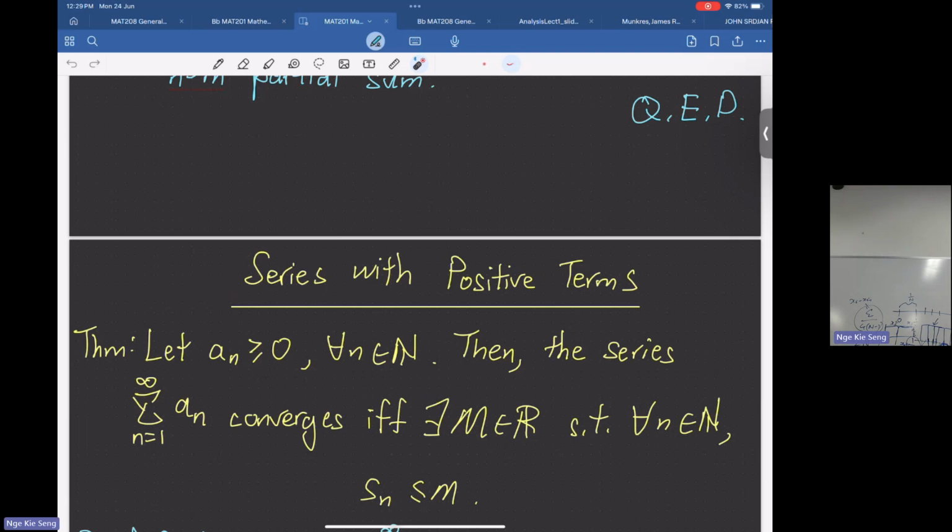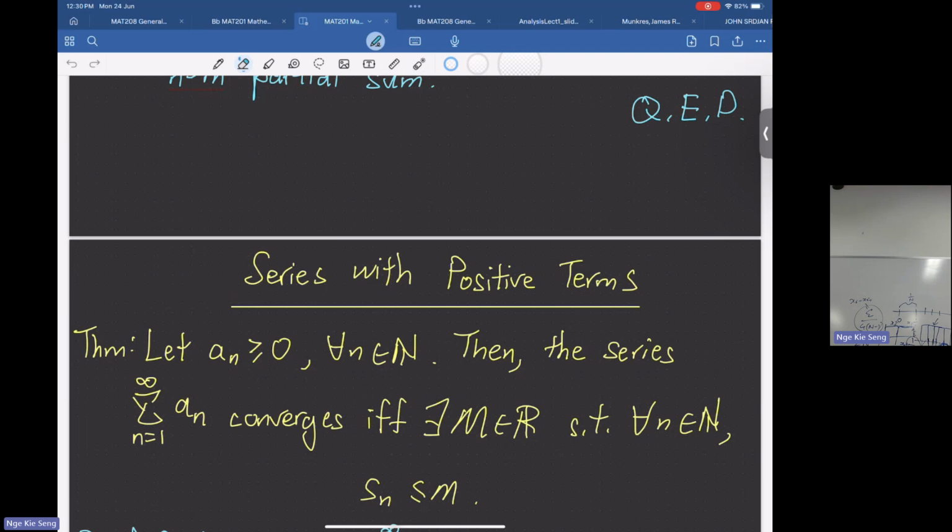So your S_n should be non-decreasing, since you add either 0 or positive. So actually S_n is a monotone increasing sequence, and it is bounded above, so it converges. This is one direction, using the monotone convergence theorem.